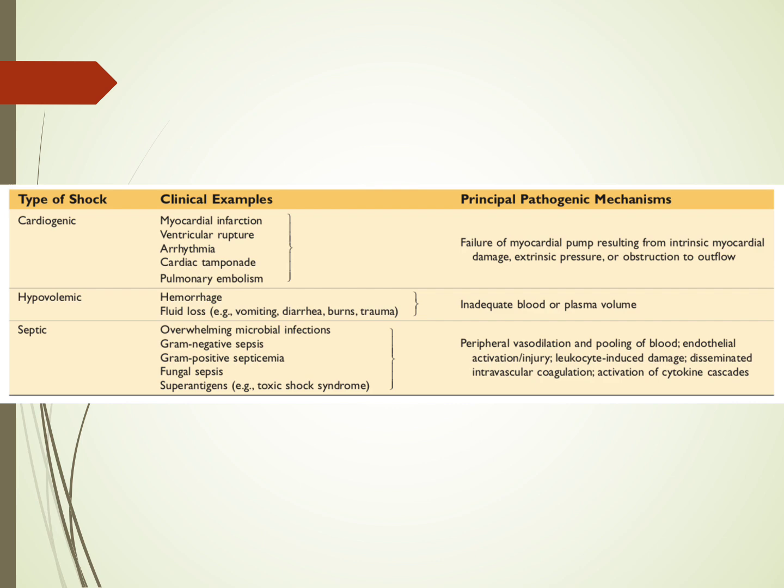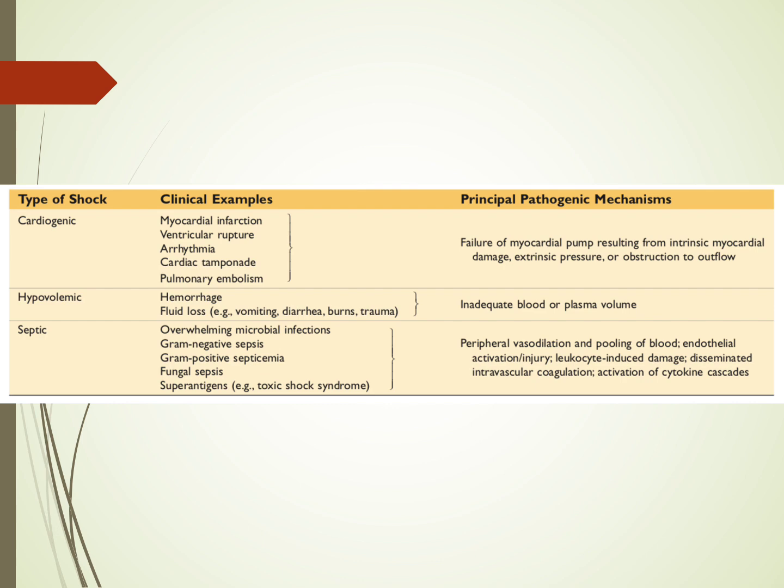This is what happens in cardiac tamponade, where we have accumulation of fluid or blood in the tissues surrounding the heart, limiting the heart movement. Or maybe obstruction of the outflow, because there is a pulmonary embolism that will obstruct the outflow of blood from the heart into the lungs. This will result in decreased cardiac output, tissue hypoperfusion, and hypoxia.